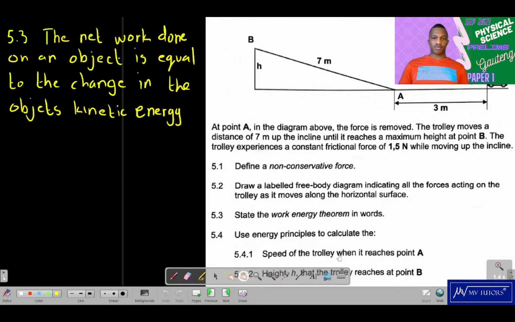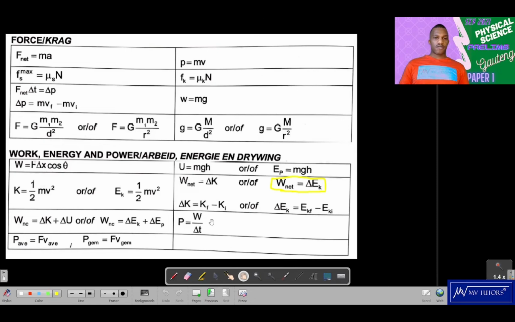The speed of a trolley depends on the path taken. So let's go to the formula sheet to see which formula we can pick. From the formula sheet, we will pick this very same formula where W net is equal to the change in kinetic energy.